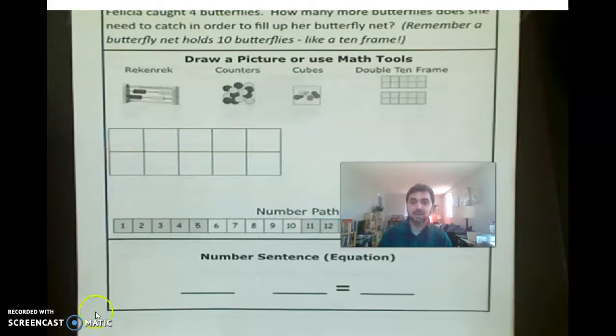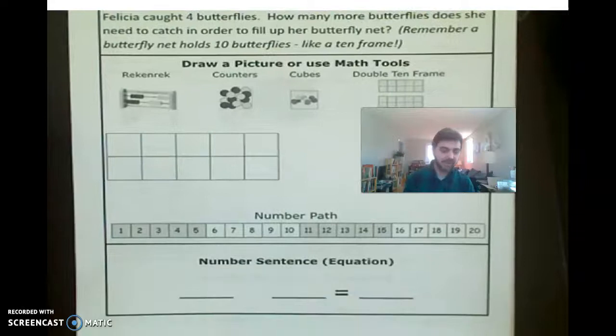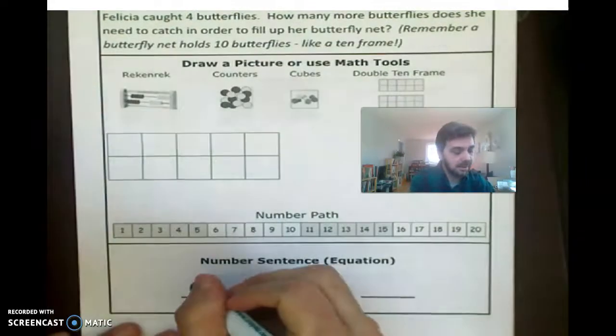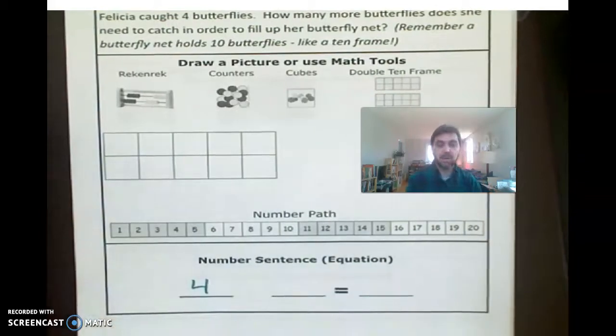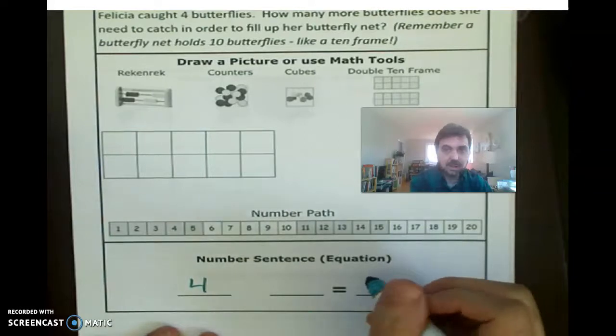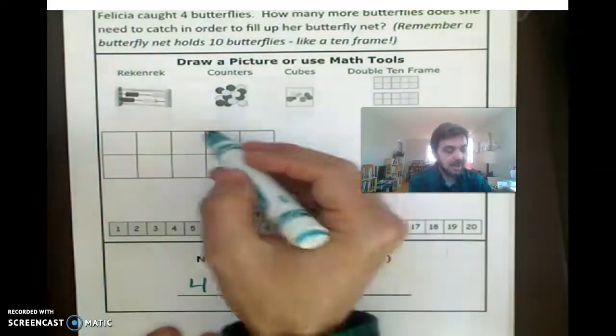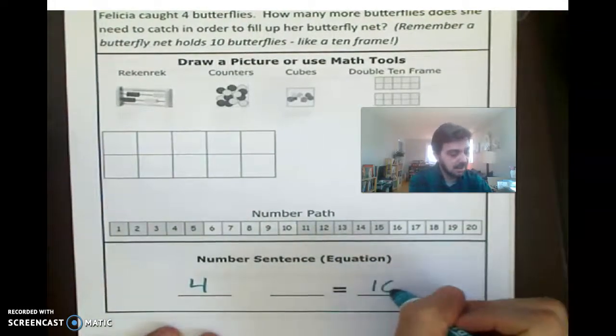In terms of your number sentence, there's actually 2 number sentences that you could write. So let's look at that for a second. One way to think of it is that she's caught 4. We know there's a total of 10, because the question is how many more to get to 10.